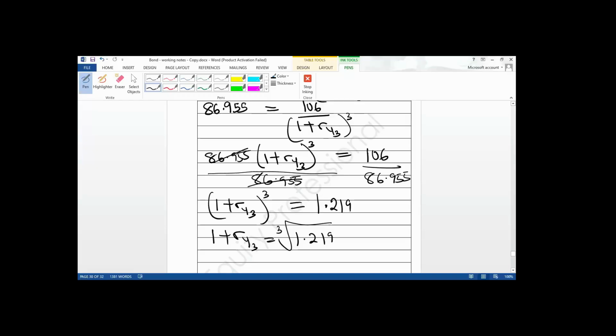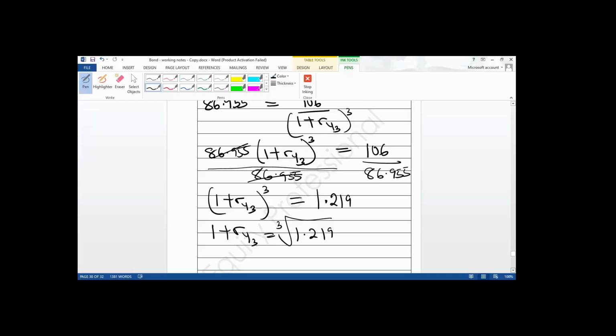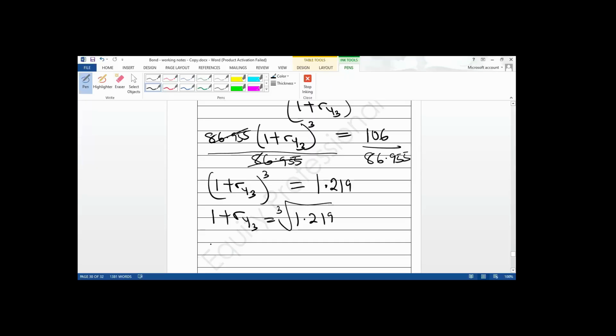That gave us 1.068. 1 plus R in year 3 is equal to 1.068. What is R in year 3?